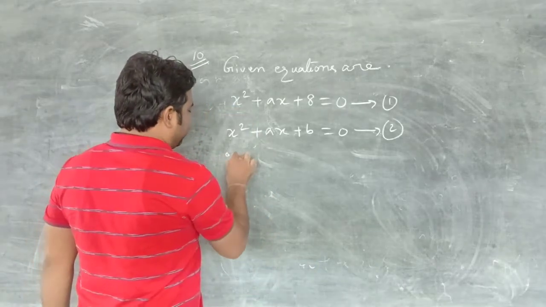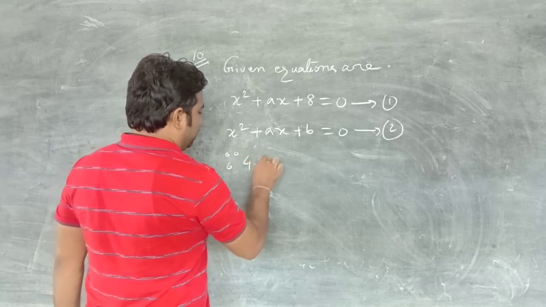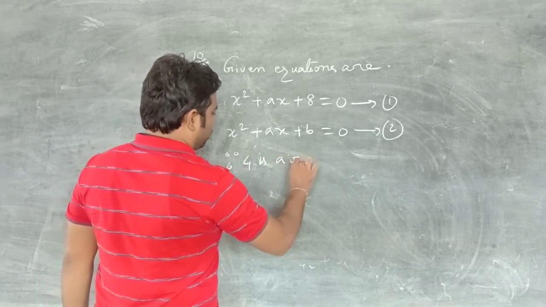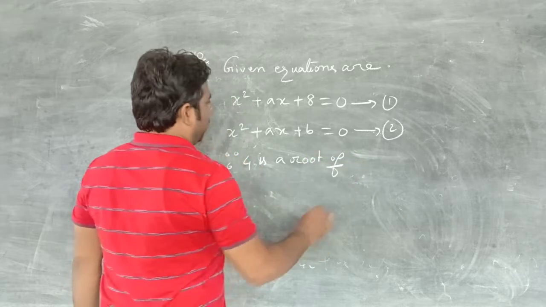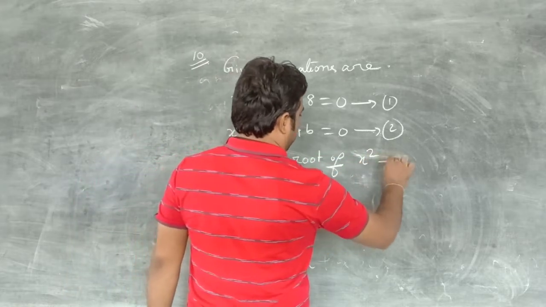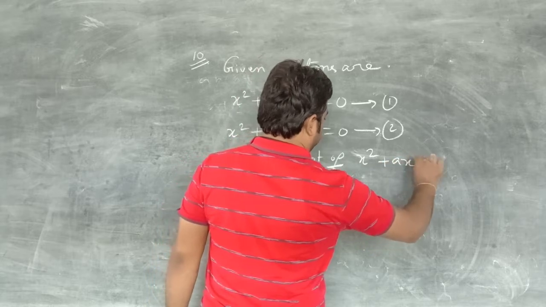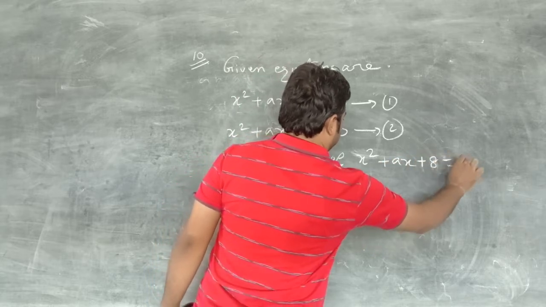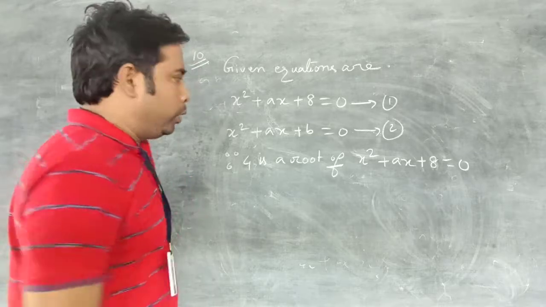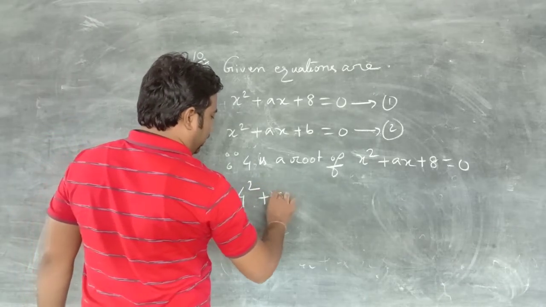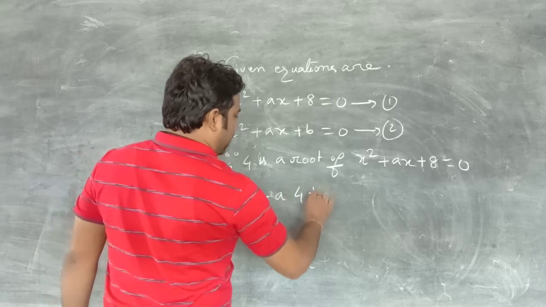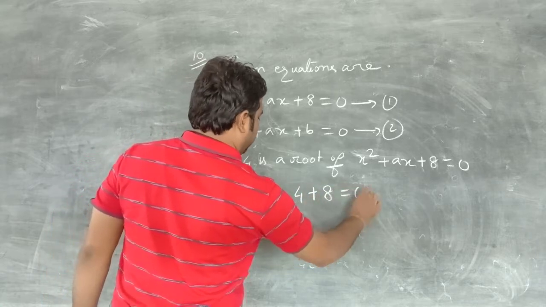So, since 4 is a root of x square plus ax plus 8 equal to 0, this is equal to 4 square plus a into 4 plus 8 equal to 0.